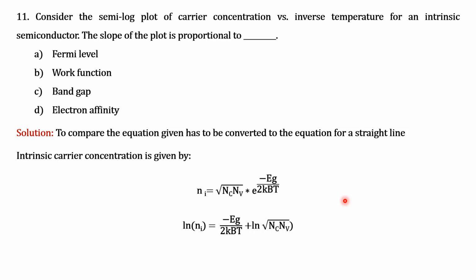If your x-axis is inverse temperature and y is the semi-log of carrier concentration, then ln ni is y, minus Eg by 2 times Kb will be your m, 1 by T will be your x, and ln root of Nc Nv will be your intercept. So in that case, what is the slope then? Can anybody now tell me?